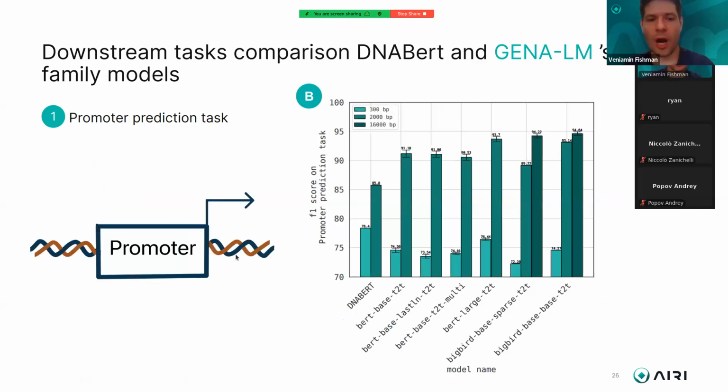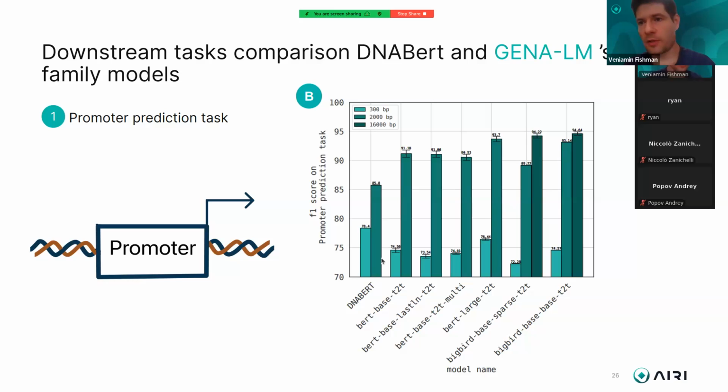So back actually to our work, let's see how good these GENA models are in the promoter classification task. Here I am showing different tasks, and the difference is the promoter sequence length. So we can extract just 300 base pairs upstream of the transcription start site, or 2 KB or 16 KB, and all of these sequences were fed into one of the GENA models or into a baseline DNABERT model.